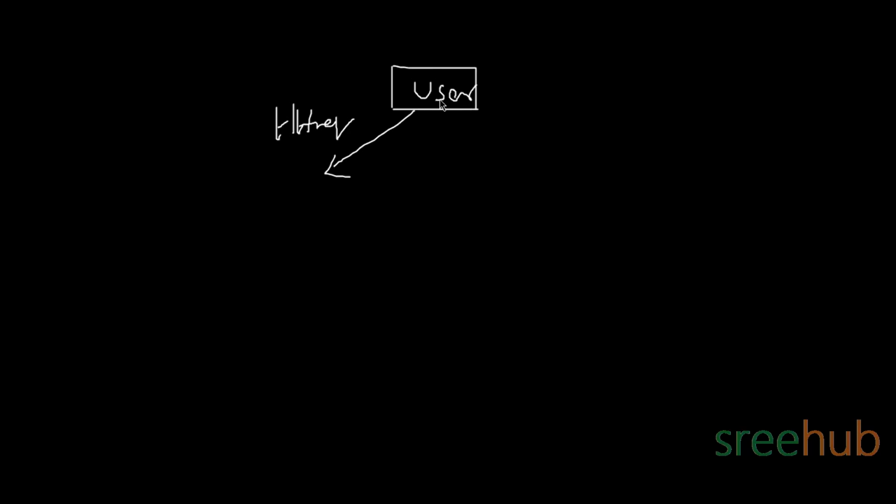As soon as he requests, in our application, it will first hit the web server, let's say IIS, and then from IIS it will hit our application, where the first component which gets triggered is your controller. Because the controller understands the request and knows where to route.